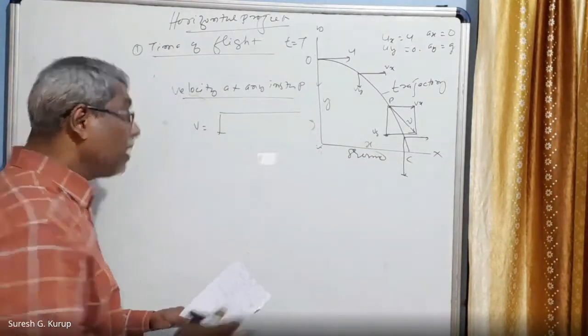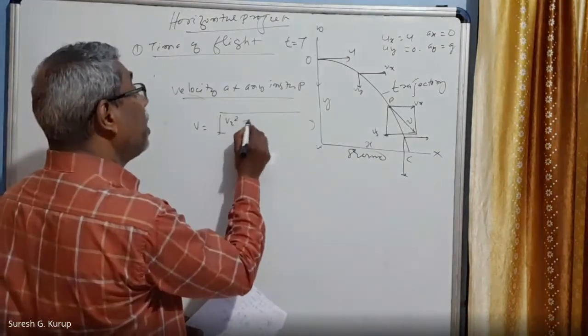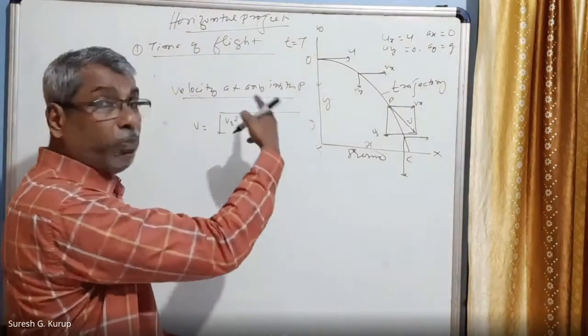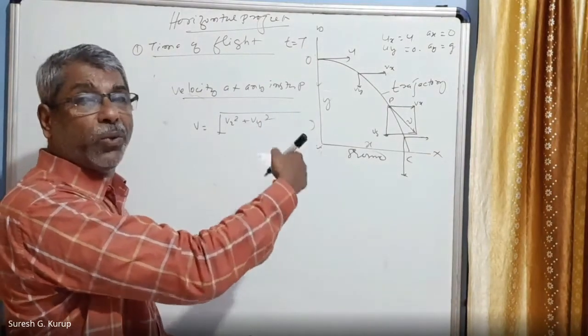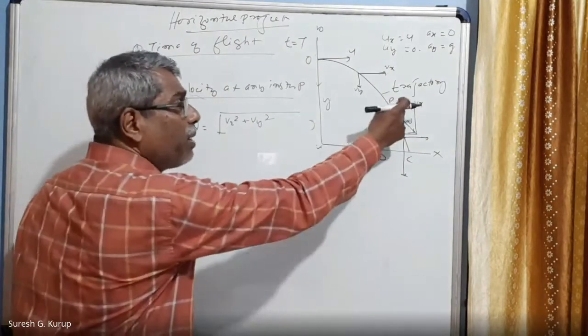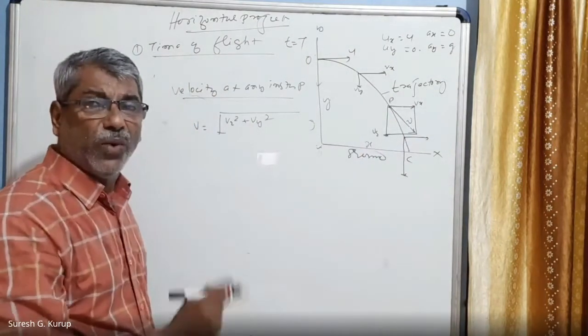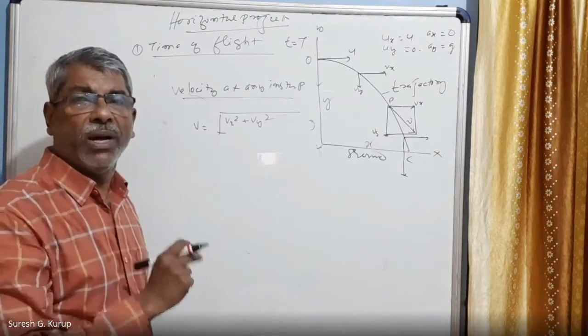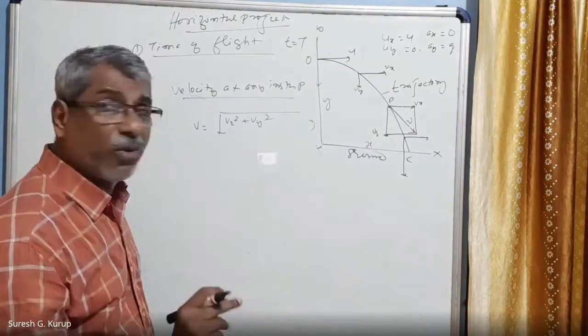Am I correct? Vx square plus Vy square. Why cos 90? Because Vx and Vy are one horizontal and the other vertical. The angle between horizontal and vertical is 90 degrees. Therefore, cos 90 is equal to 0.